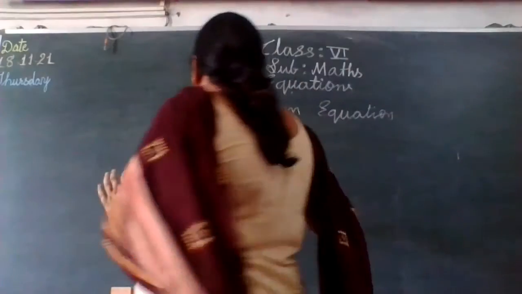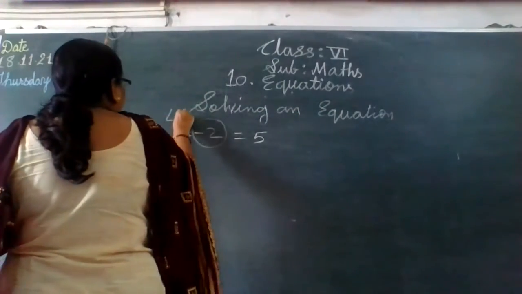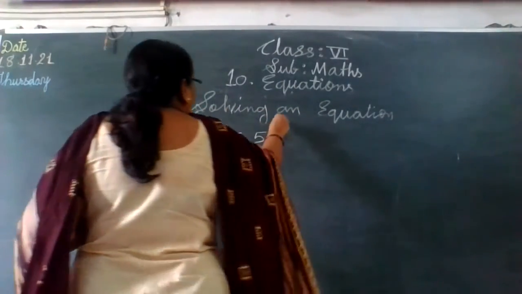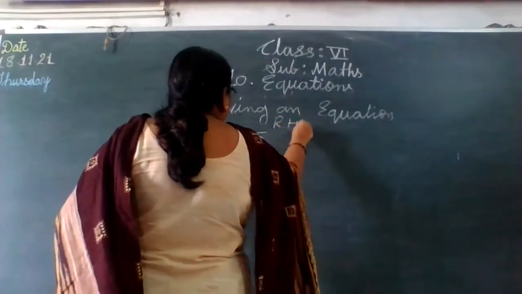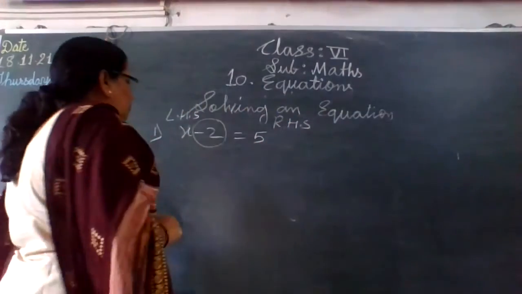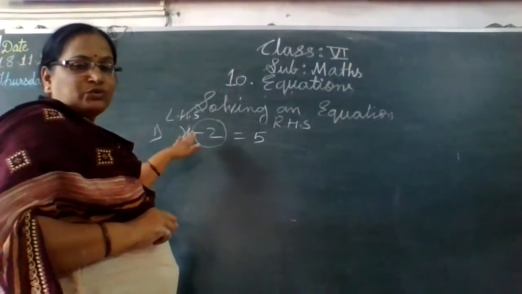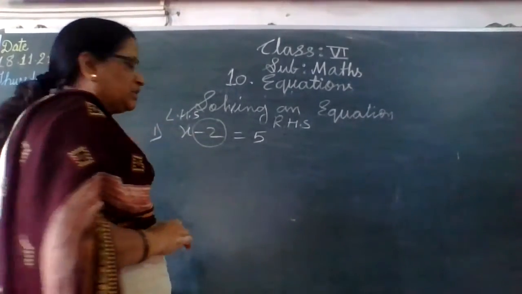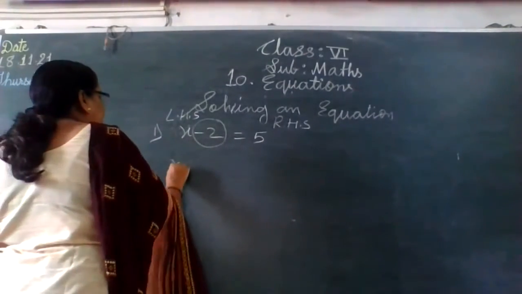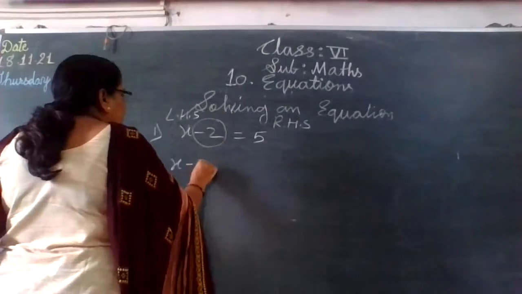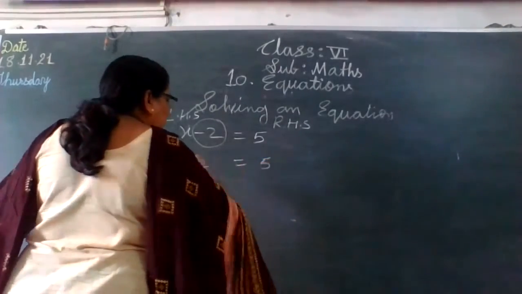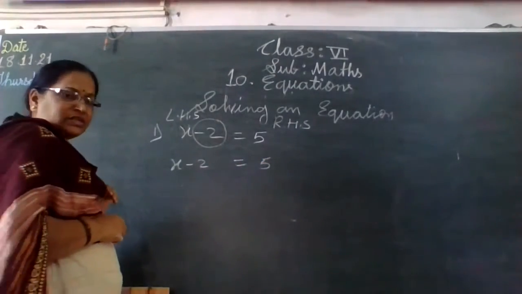Yesterday I explained this side is the left hand side of the equation and this side is the right hand side. To remove this minus 2, you have to take its opposite, which is plus 2. So x minus 2 equals 5 is the original equation.